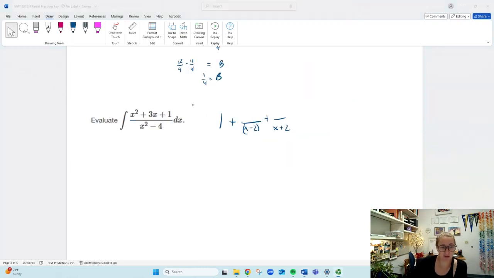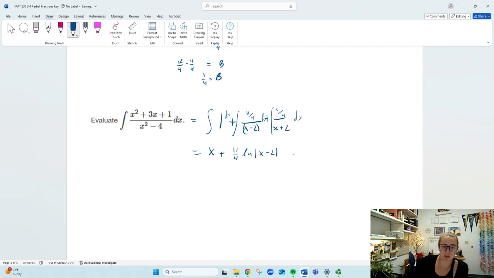Okay, so I now have that my original expression is going to be equal to 1 plus, this was my A, which was 11/4, and my B, which was 1/4, and I can take my integral of each of these with respect to x, which I will get x plus 11/4 is my constant, and then ln of x minus 2 plus 1/4 ln of x plus 2 right here, and then plus C.